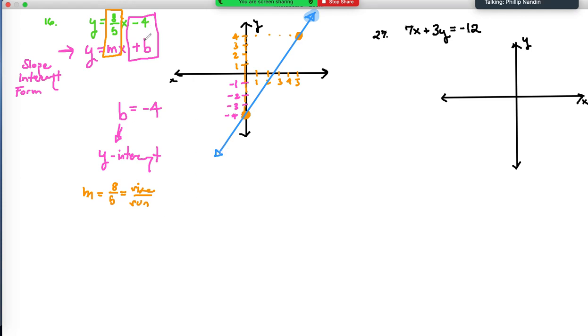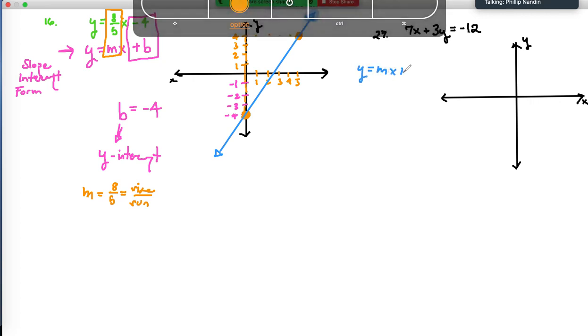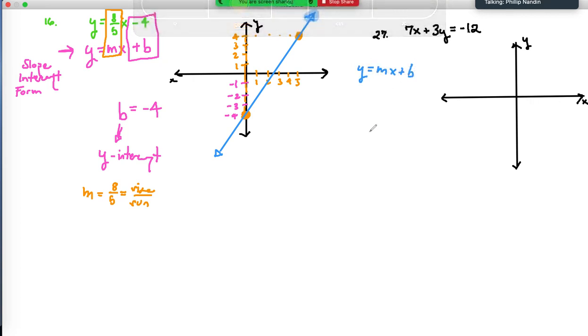Okay, now when I started with number 16, it was already in the form y equals mx plus b. Y was already solved for. But if you look at 27, I don't have it in the form y equals mx plus b right away.